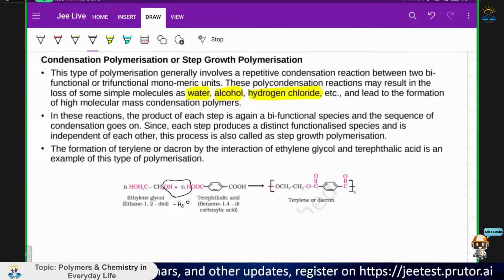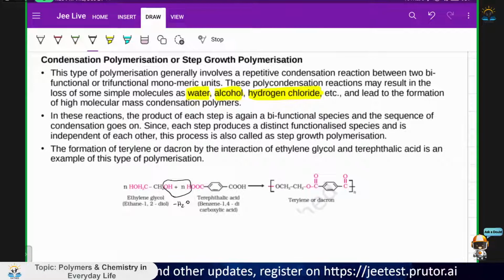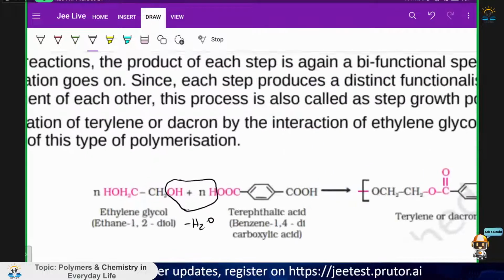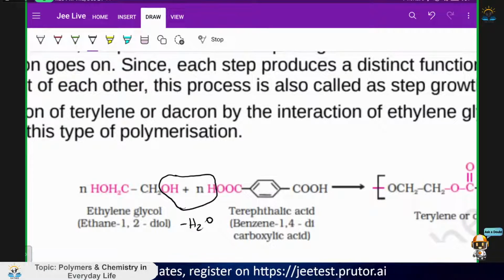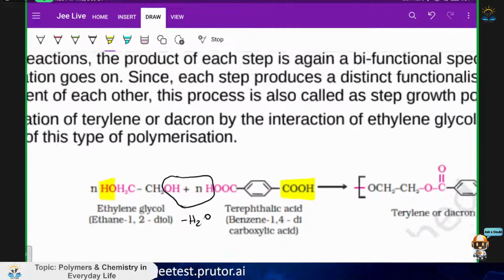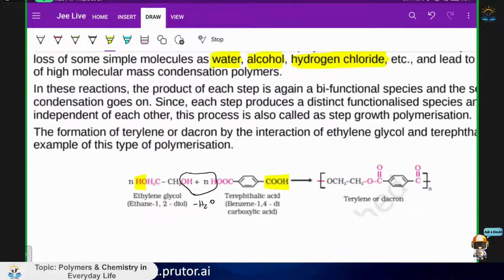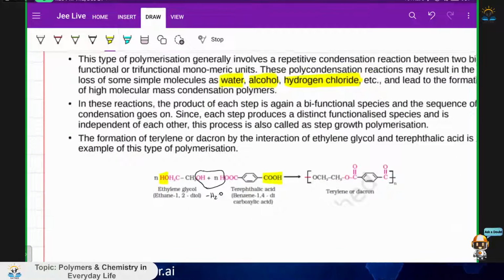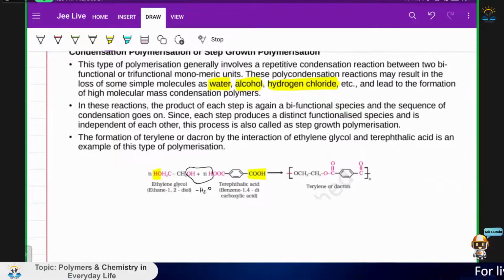In these reactions, the product of each step is again a bifunctional species. Even when we combine, we again get a new bifunctional species. See, we still have one OH group here and a COOH group on the opposite side. So even after combining two monomers, we get a bifunctional species, and the sequence of condensation goes on.